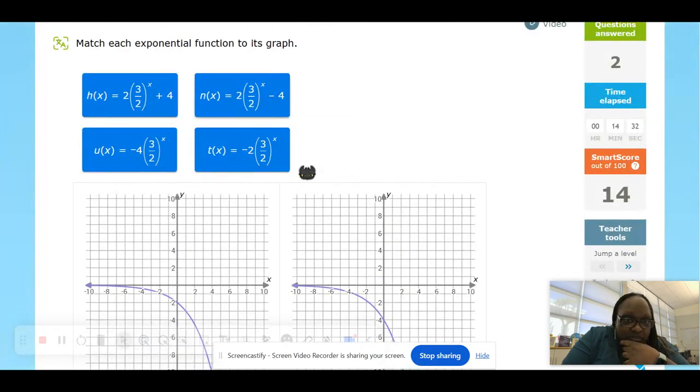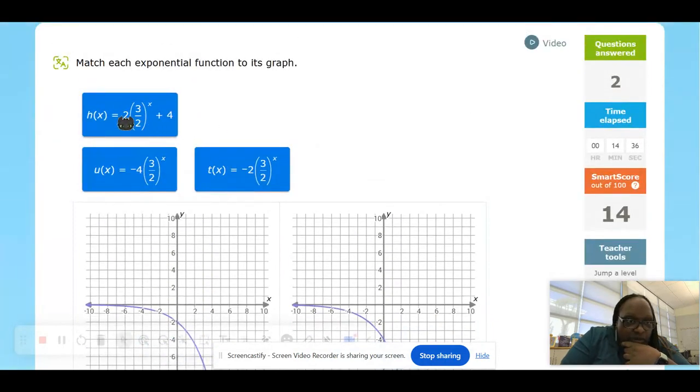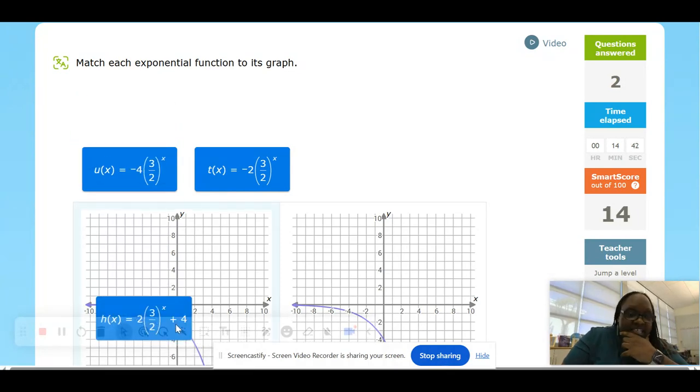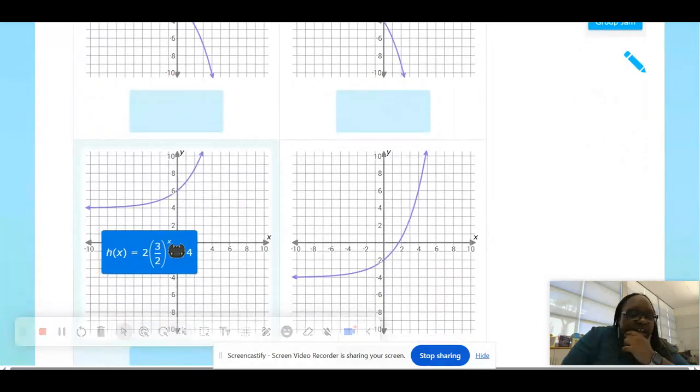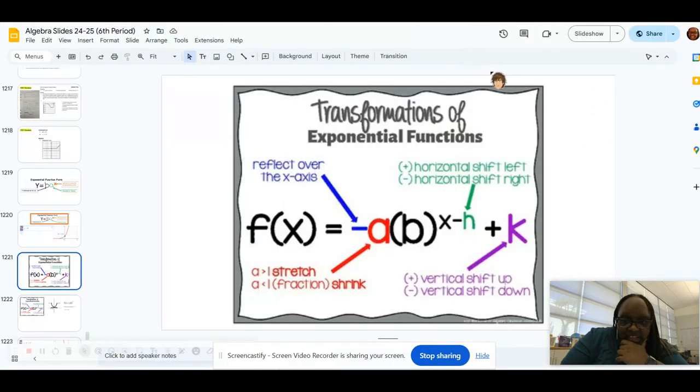So I'm putting this one down here. And now for this one, the y-intercept should have been 2, but we added 4 units, so 2 plus 4 is 6. So I'm going to put this one down here where the y-intercept is now 6. And looking back at our notes, vertical shift up, vertical shift down. It shows like positive versus negative. So I think we're right.